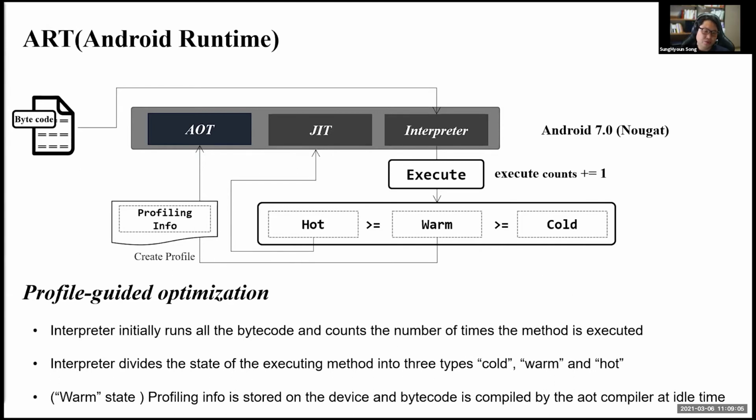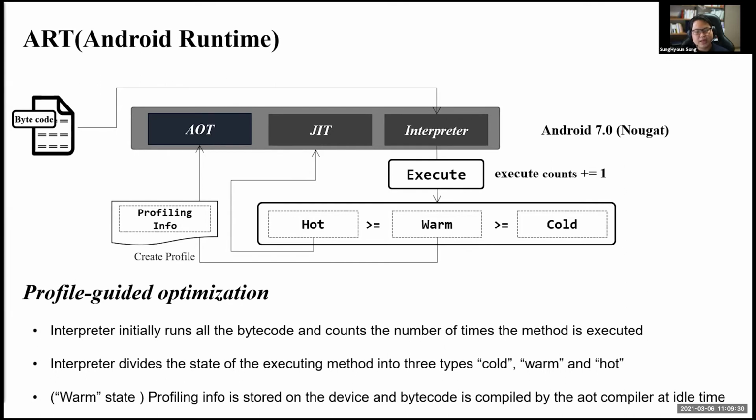During the app installation, the AOT compiler does not operate, and the app is installed immediately as bytecode. When you use the app, the bytecode is executed using the interpreter, and it counts how many times each individual function is called at execution time.